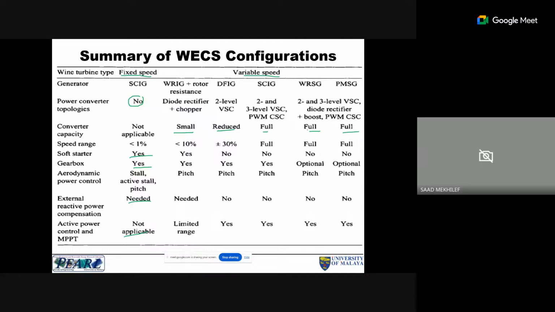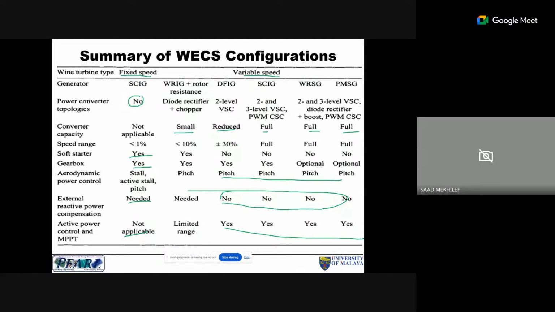When you have full power converters, what does it mean? The inertia of the system will be reduced significantly. Most of them have active power control, which is good, and that doesn't require any reactive power compensation. The pitch control is also applied.